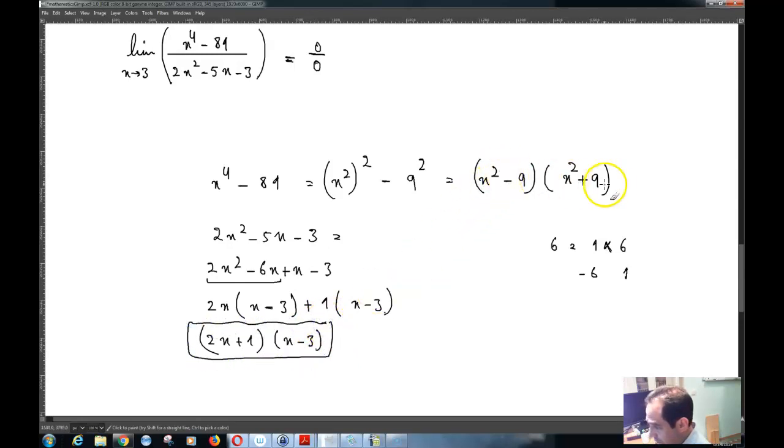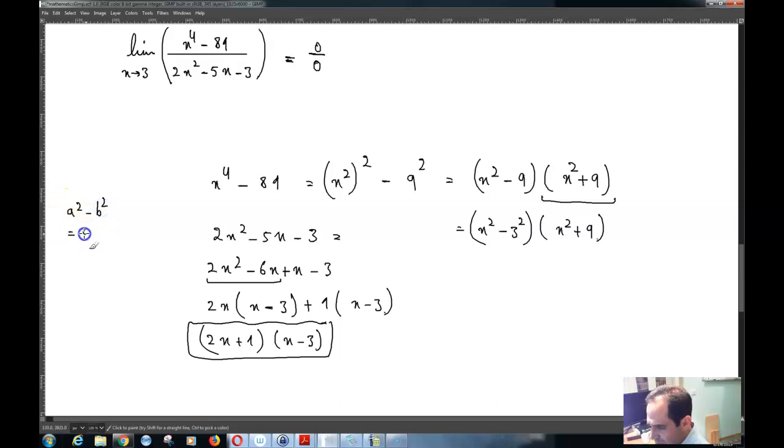So this is going to be your denominator. And the numerator is basically this thing over here. Now, what you need to do with the numerator, you can leave this part as it is, that's not a problem. But you can write this part as x squared minus 3 squared times x squared plus 9. And then this is again the same thing as a squared minus b squared, which is equal to a minus b times a plus b.